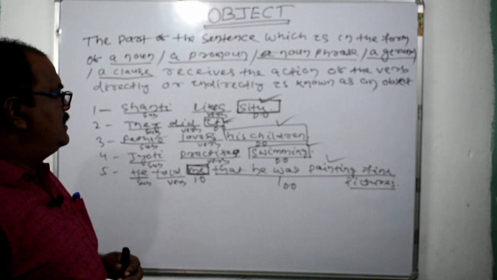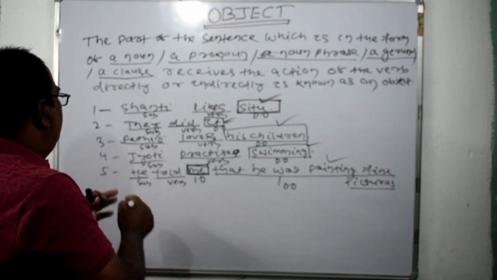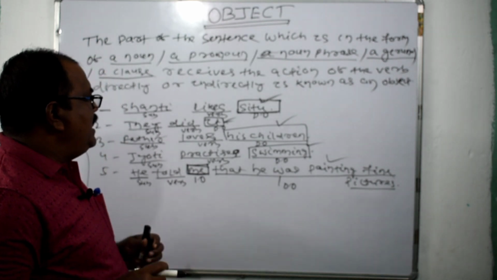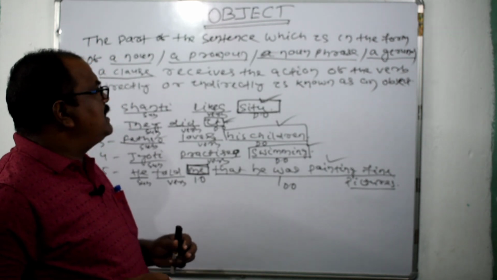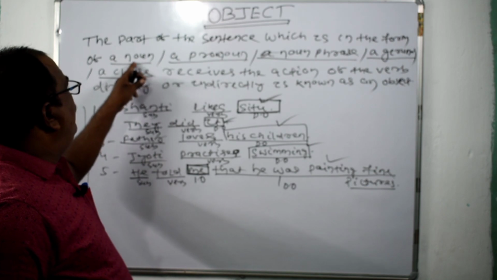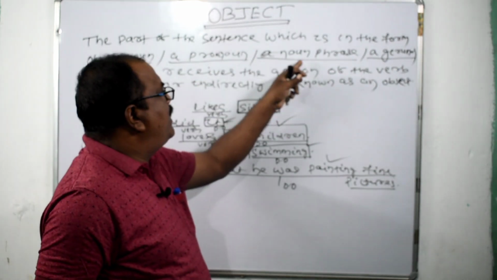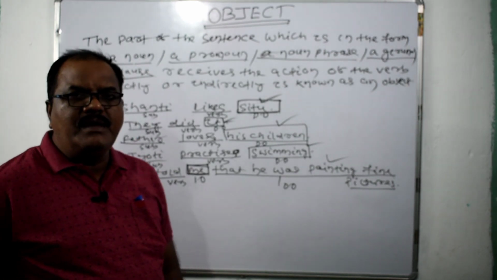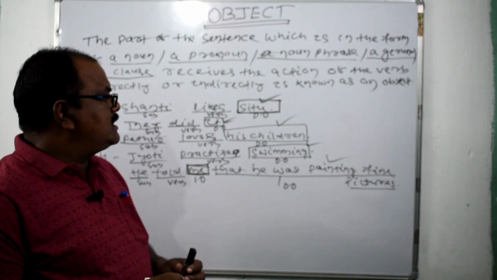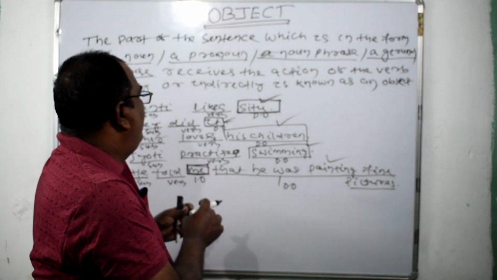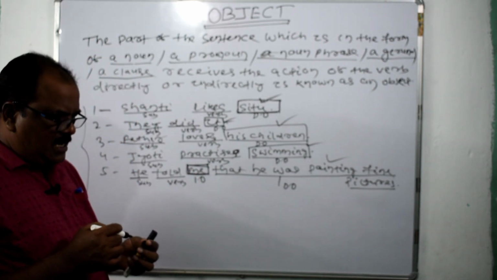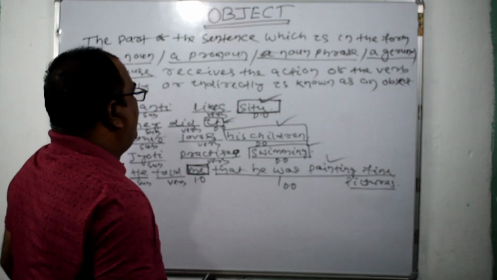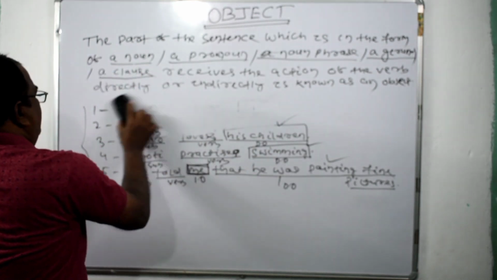My dear students, try to understand these five examples, in which a noun, a pronoun, a noun phrase, a gerund, or a clause may be the object of the sentence. Now we'll discuss the types of object.